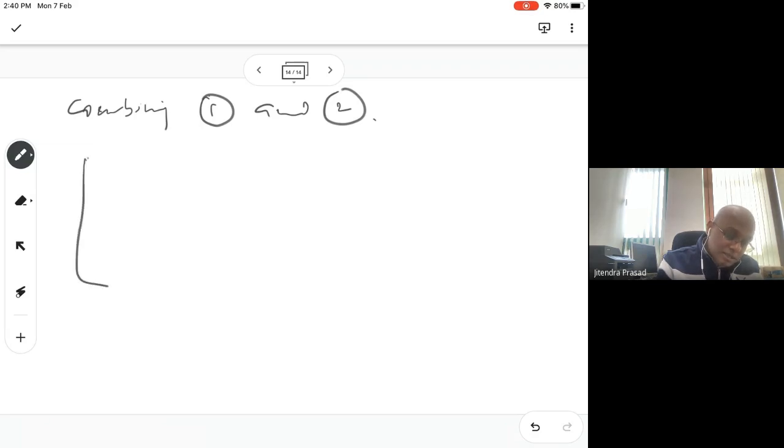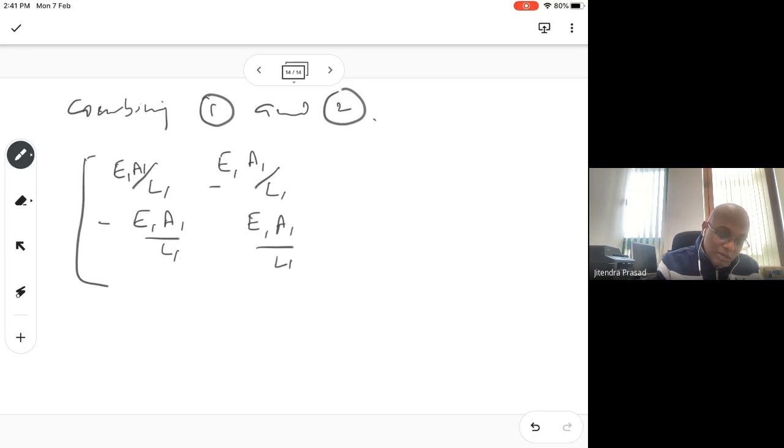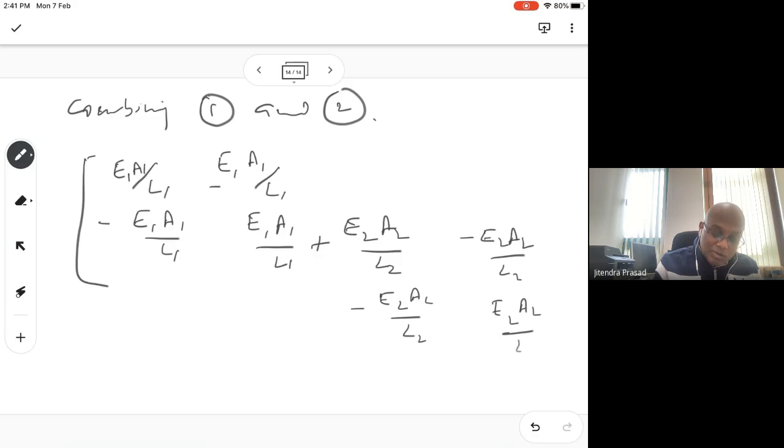You will get E1 A1 over L1, minus E1 A1 over L1, then E1 A1 over L1 plus E2 A2 over L2, minus E2 A2 over L2, then minus E2 A2 over L2, E2 A2 over L2. So we have 0 here, we have 0 here.